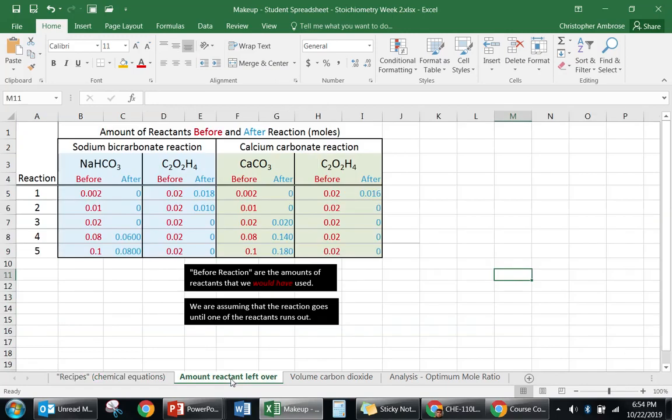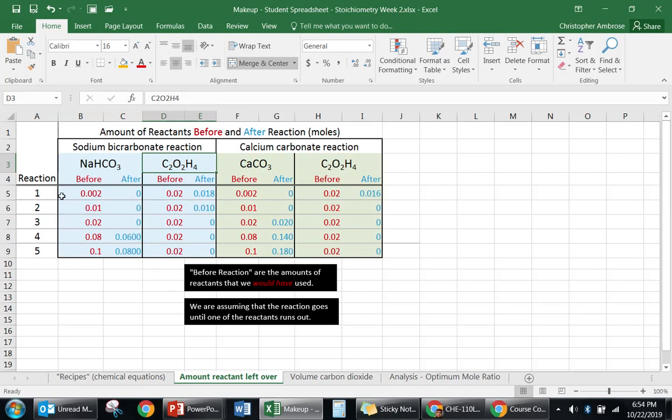On the next tab right here, what this will show you is amounts that we would have started with. These are amounts that we would have measured out into our flasks in the lab. And we're making the assumption that the reaction proceeds until one of the reactants runs out, i.e. it reaches 0.